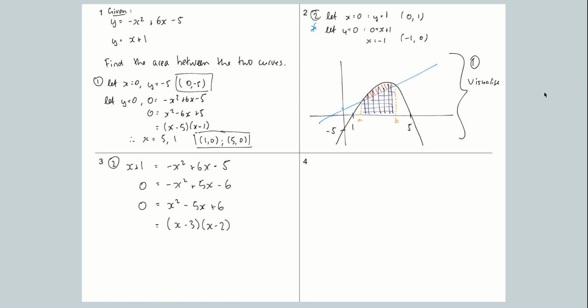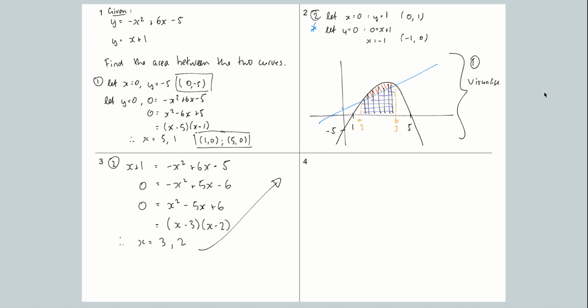And negative 3 plus negative 2 gives me negative 5. So that leaves me with x equals 3 or x equals 2. So these become my points of intersection. So let me go back to my visualization and just write that in underneath. So that will be 2 and 3.